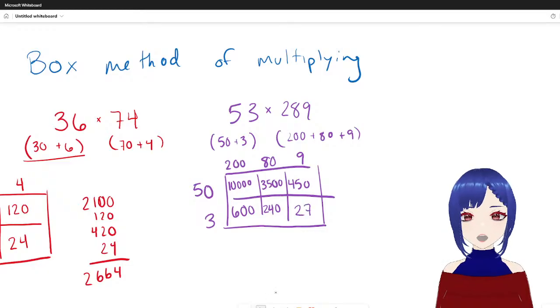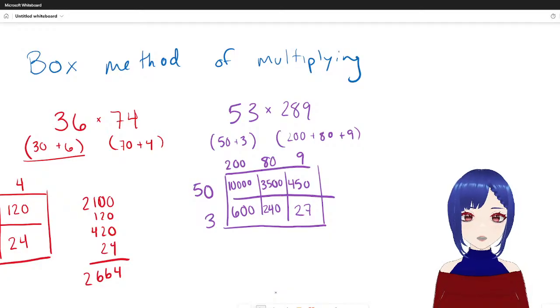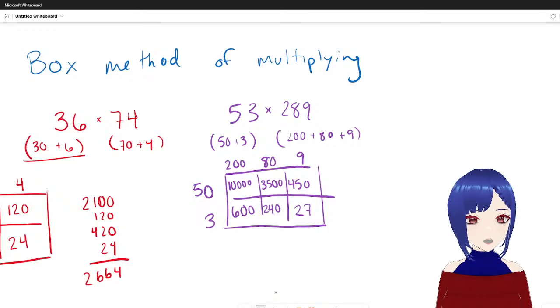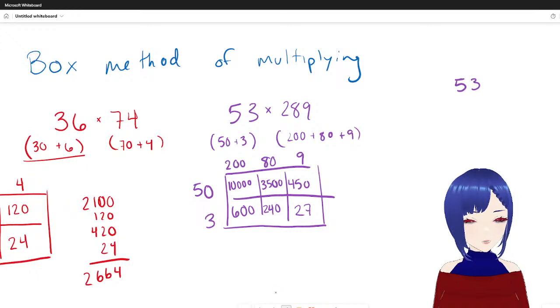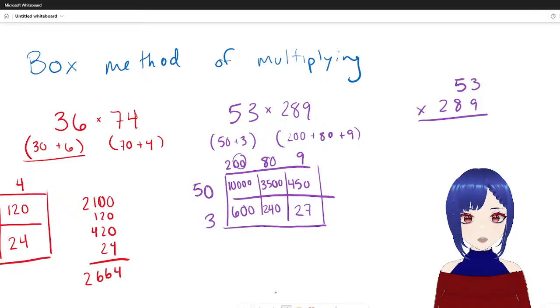So then after we have that, we do all these. We just take these individual numbers and we add them together, which was the original multiplication method. You break it down. But I think doing it this way, it just kind of makes it easier to see, because if we had 53 times 289 and we had it this way, you don't see the zeros that are involved here to know to put them at the end.